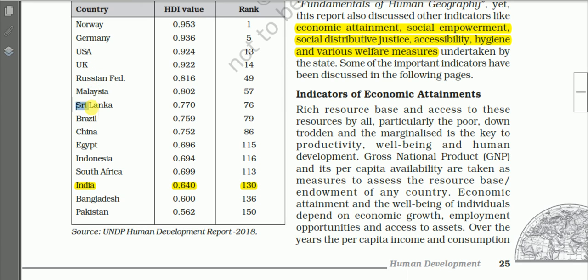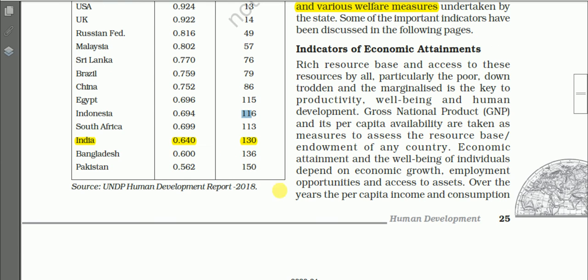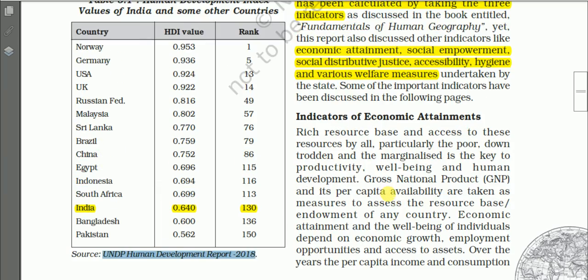Sri Lanka is here, scoring higher than India, 0.770, rank 76, a very small country as compared to India. Next we have China, rank 86, and India is here, 0.640, rank 130. We have Indonesia also here, rank 116. This is according to the UNDP Human Development Report 2018.